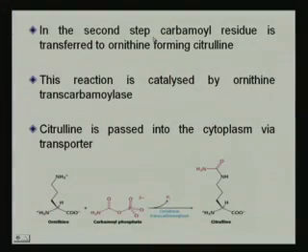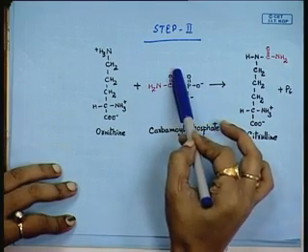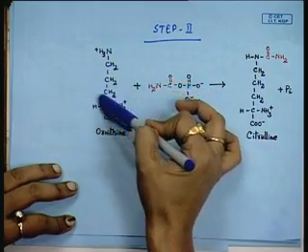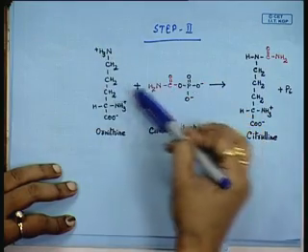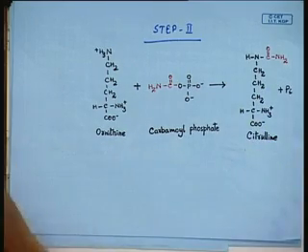Here in this second step, the carbamyl residue is transferred to ornithine, forming citrulline. This is the carbamyl residue, and these carbamyl residues are getting transferred to this ornithine group, and the ultimate result is the formation of citrulline.